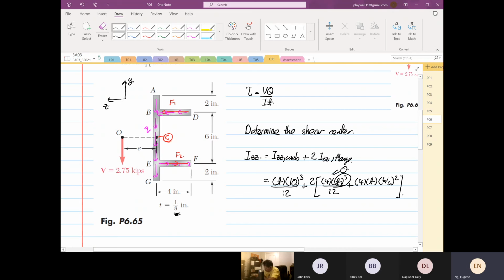It's so small, so we can drop it. So finally, if that's the case, this will be equal to 10 power 3 divided by 12. It's 250 over 3t plus 3 squared times 4 times 2, 72t.